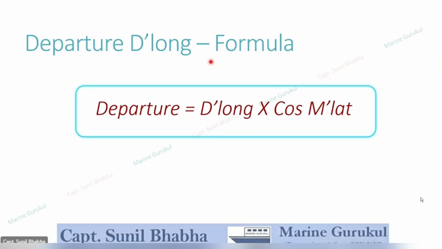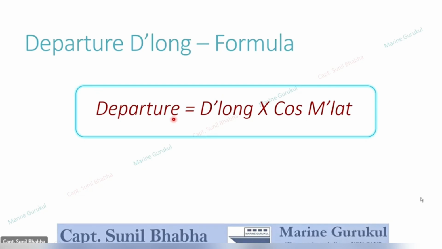Now, how to get the departure? Departure is obtained from the parallel sailing formula: departure is equal to d-long into cos of m-lat, where m-lat is the mean latitude. So whenever you want to show the east-west distance on our plot, we will calculate the departure and then use it to show that particular distance on our plot.